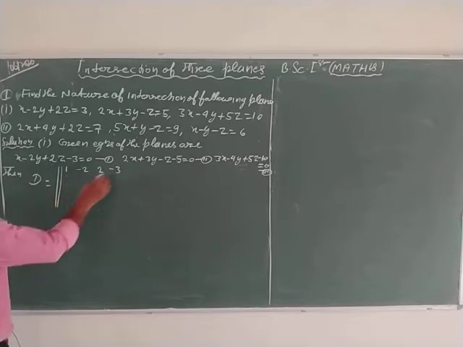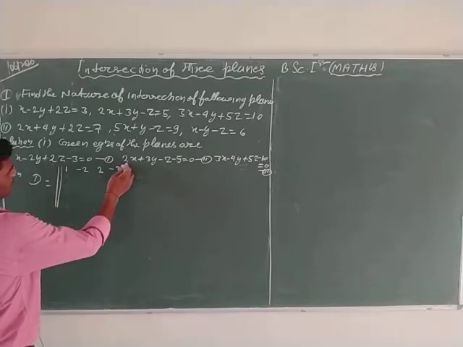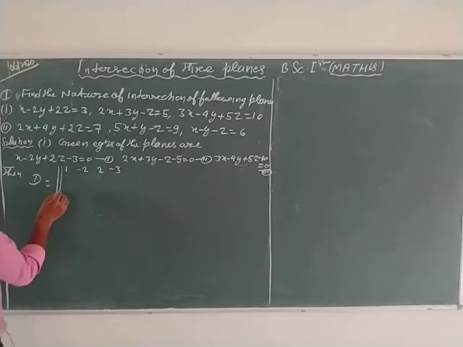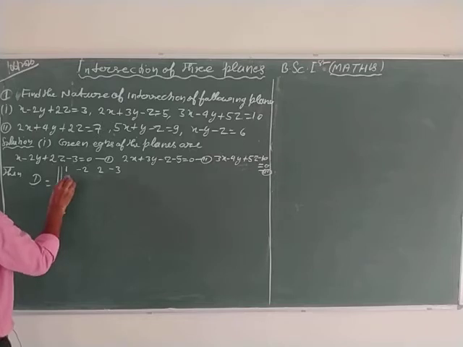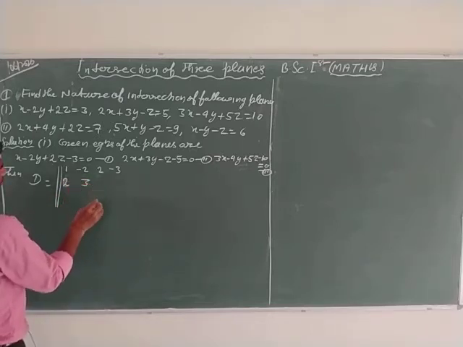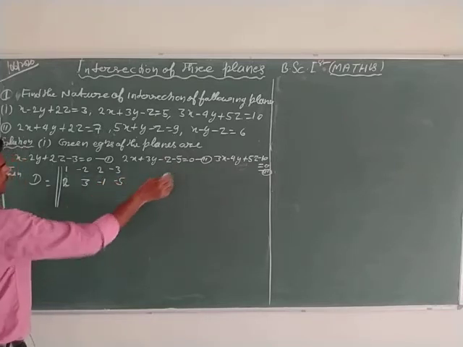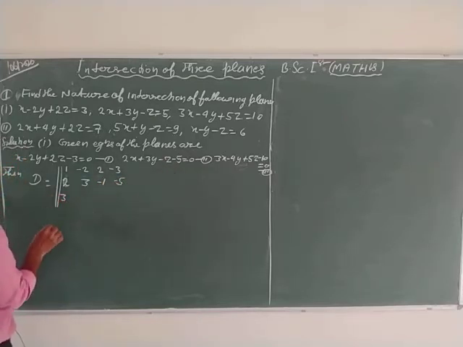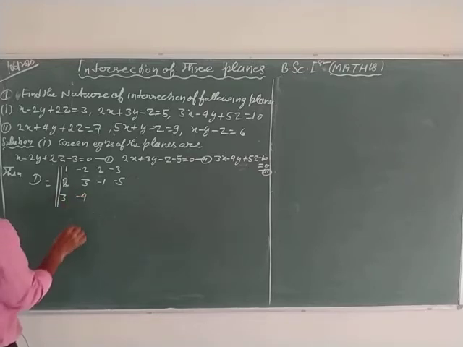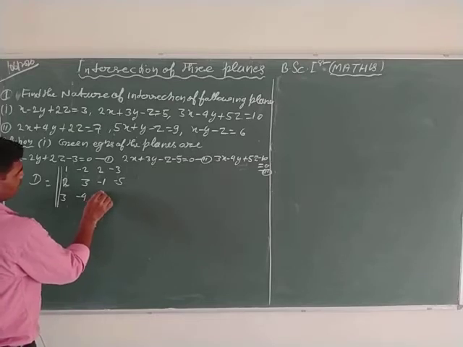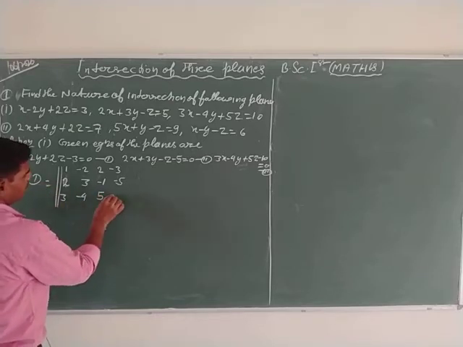Similarly, for the second plane, A2, B2, C2 and D2: the coefficient of x is A2, meaning 2, the coefficient of y is 3, the coefficient of z is minus 1, and minus 5. At last, the x coefficient is 3, y is minus 4, z is 5, and minus 10.